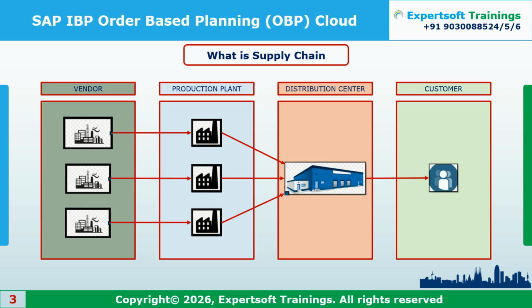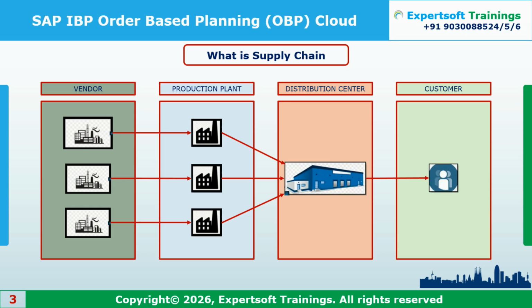So in order to manage this, you need a tool, obviously, because in real time we don't have only one customer. We have n number of customers, n number of retailers or distribution centers. So it is difficult to manage this demand flow or the supply flow manually, right? For that, we have multiple tools available in the market.